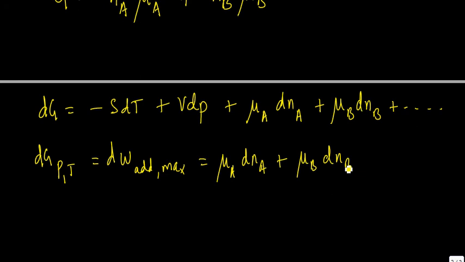That is the work that is caused by a change in the number of moles of the component, which means we may not be dealing with a closed system now.